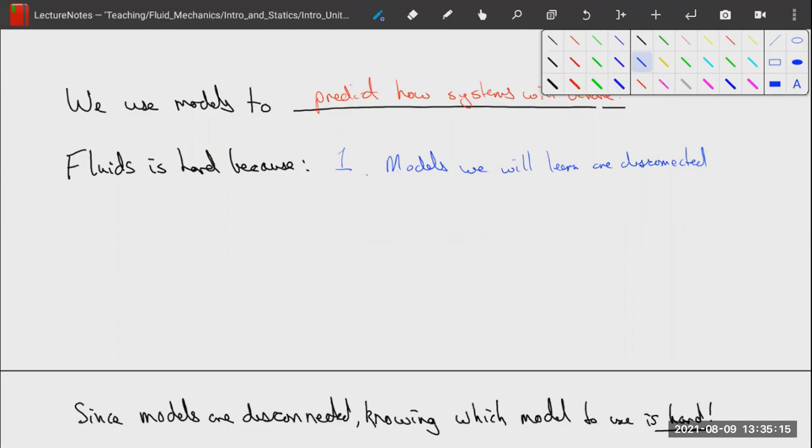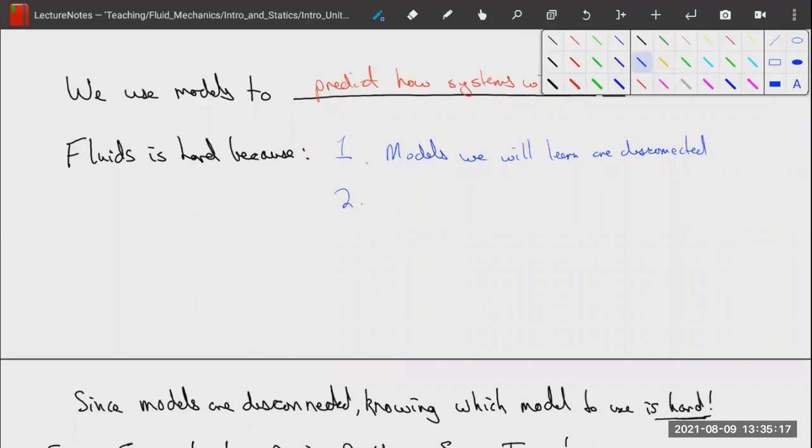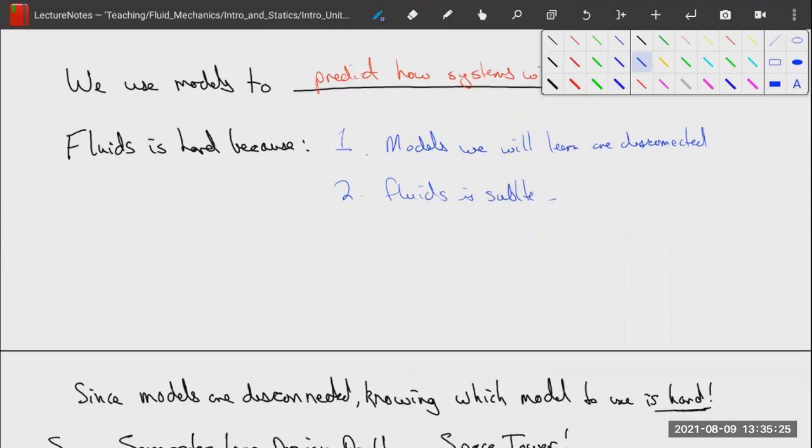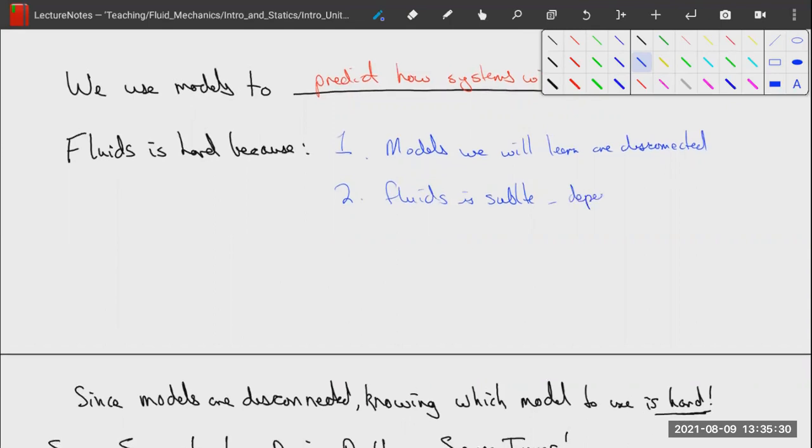The other reason fluids is hard is that fluids is subtle. And what I mean by that is the behavior is complex and varied and depends strongly on the context, right?